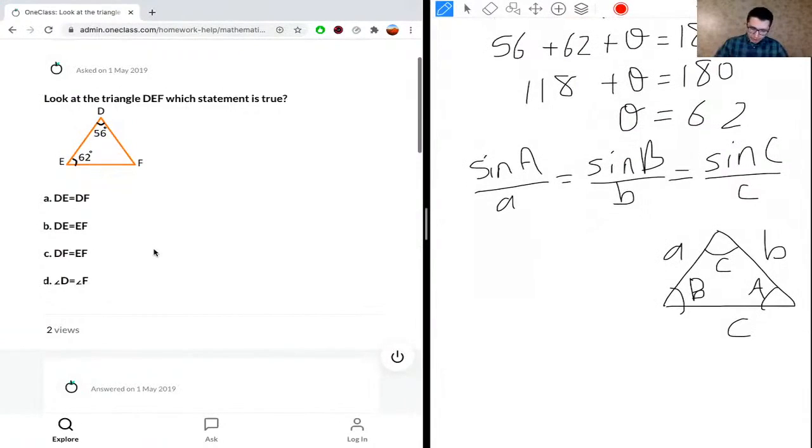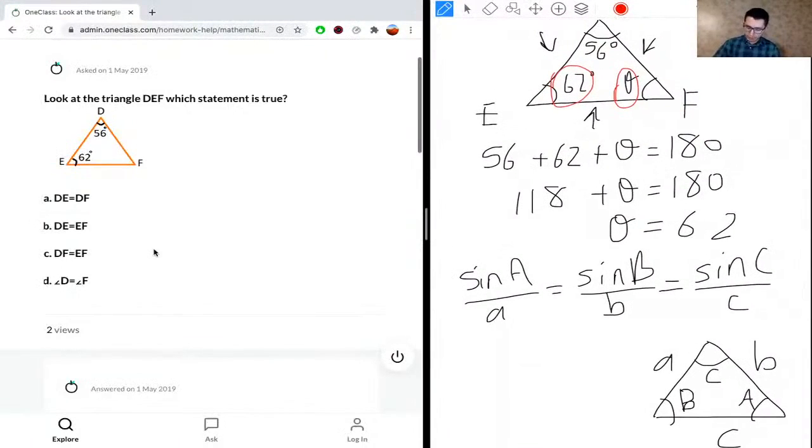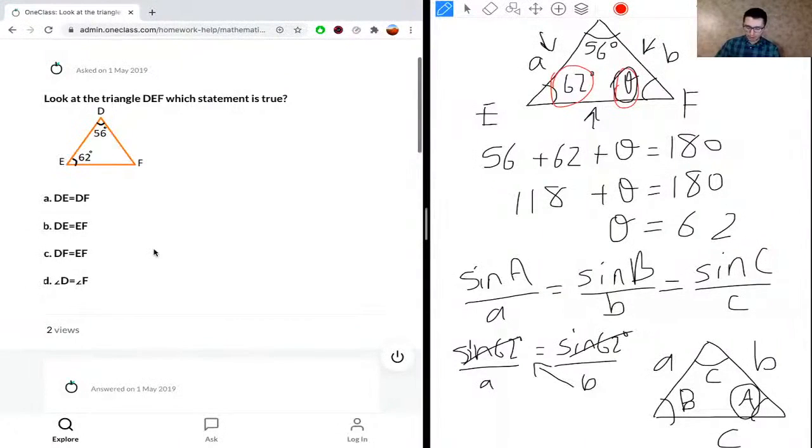Since in our diagram above, for B we have sine 62 degrees, and for A we have theta, which is also sine 62 degrees, over A over B. If we call this side A and this side B, these cancel out, and if we move this to this side and this to this side, we know that B equals A. So we know that these two sides are equivalent.